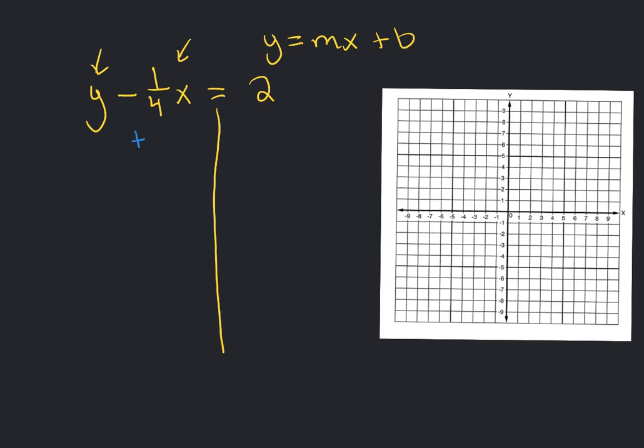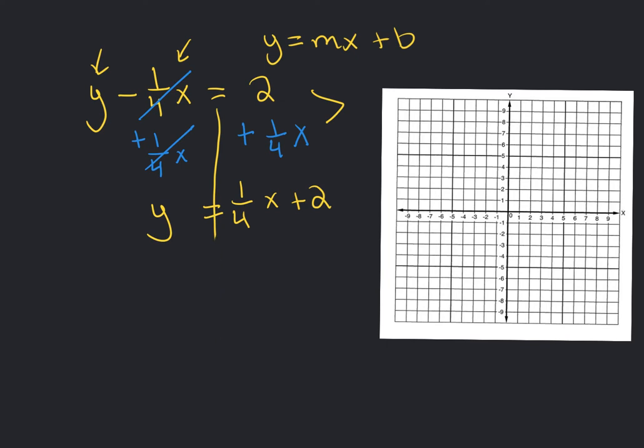So to do that, I'm going to add 1/4 x on both sides. So these cancel. So y equals, I can't combine these terms, so I'm just going to write them next to each other. 1/4 x plus 2. So that is in the correct form.